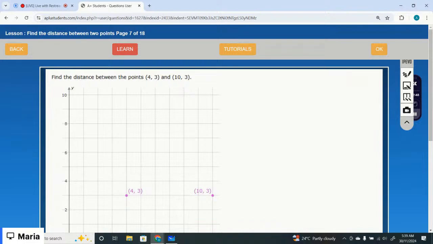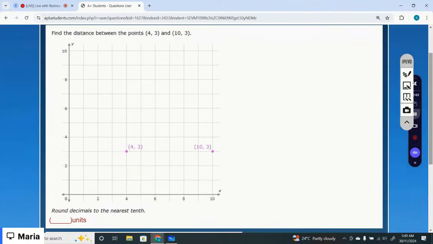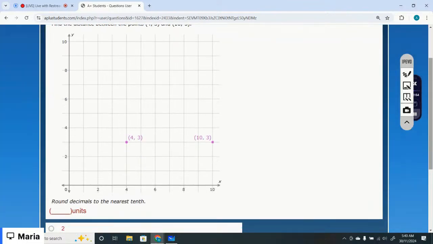Find the distance between the points (4, 3) and (10, 3).